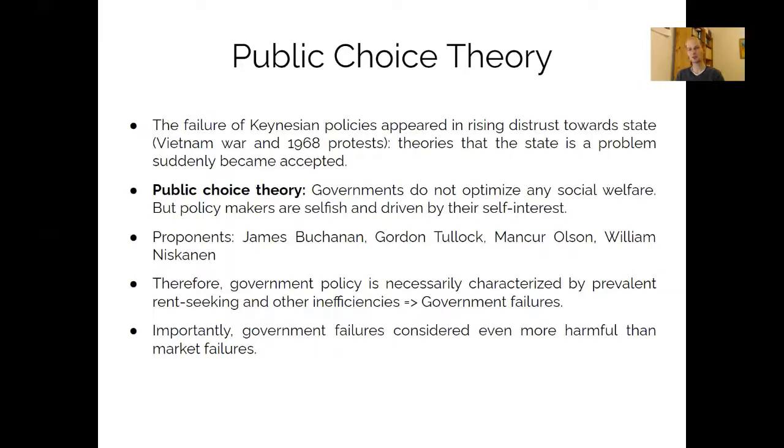So the public choice theory, developed especially by James Buchanan, Gordon Tullock, Mancur Olson, and William Niskanen, set the ground for accepting economic theories which would imply that a limited role of the state is actually something desirable, what we might be willing to achieve.